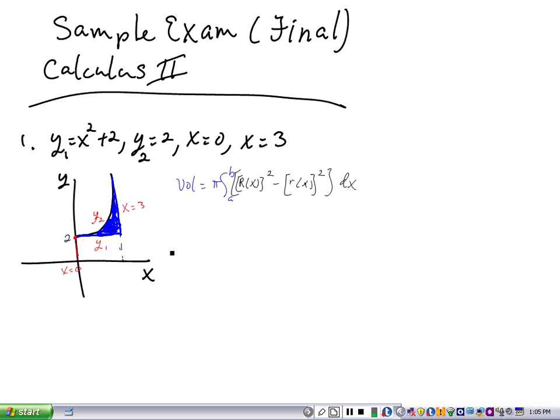Notice here that capital R of x would be y sub 2, and then little r of x is just y sub 1. So little r of x is just 2, and capital R of x is x squared plus 2.